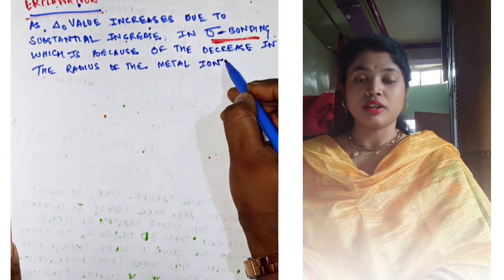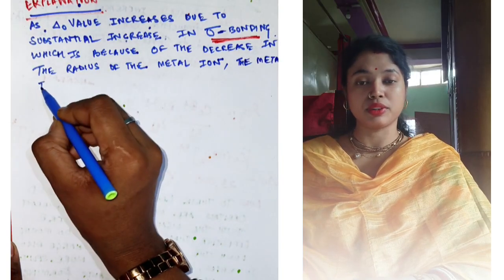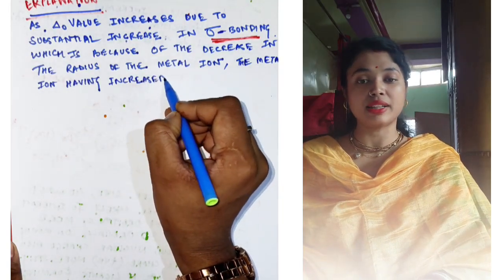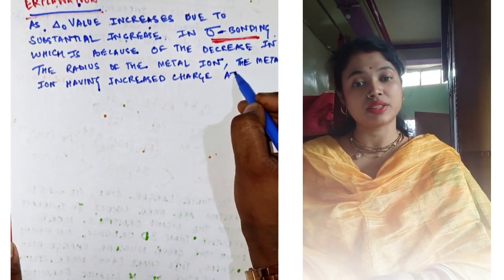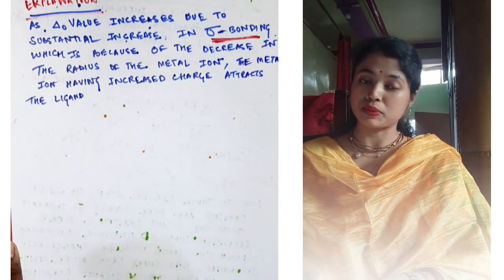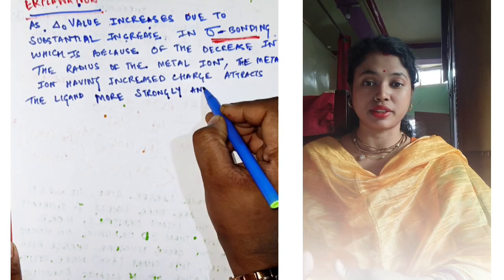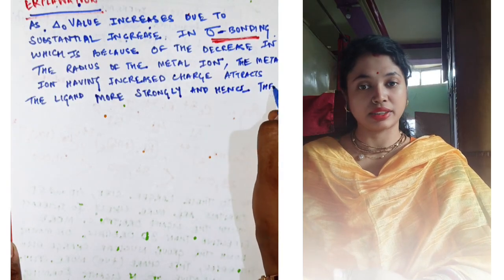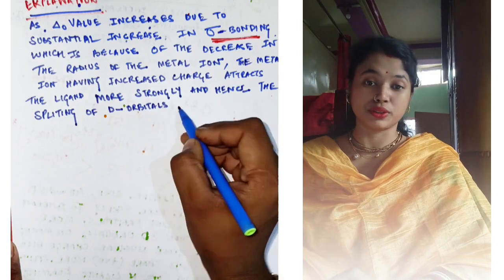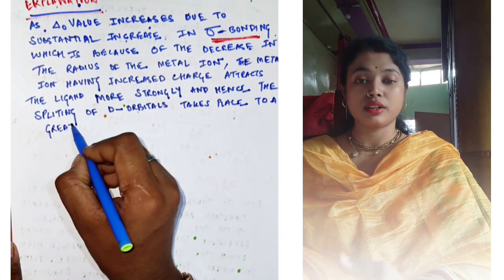So as the radius of the metal ion decreases, what increases? Why? Because here, the metal ion having increased charge attracts the ligand towards itself more strongly, and hence the splitting of the orbitals takes place to a greater extent.